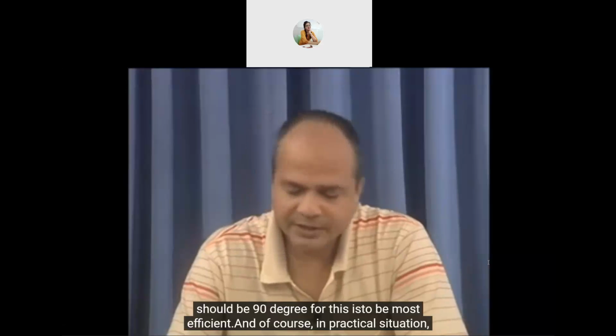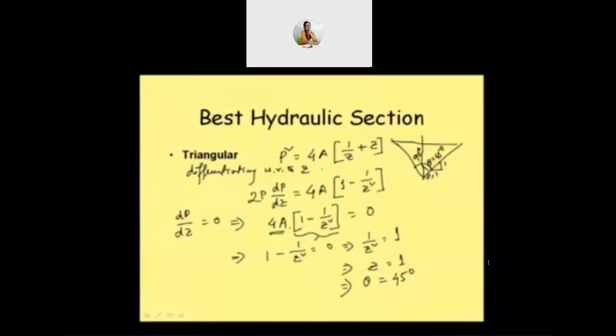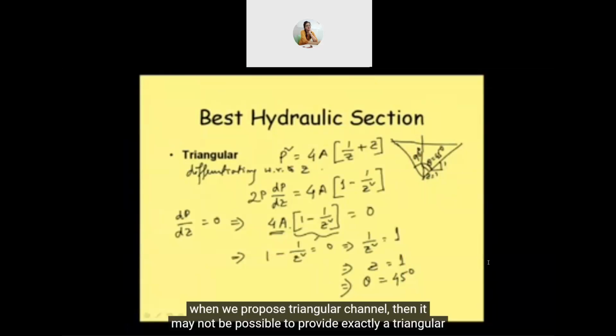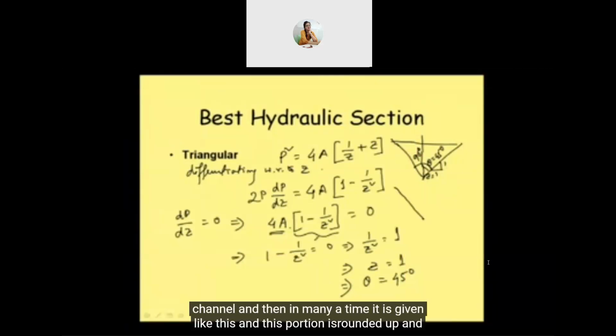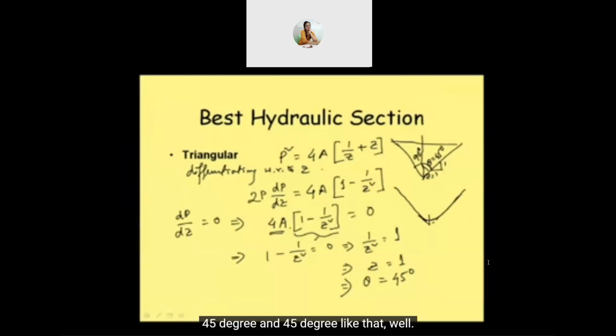Of course, in practical situations, it may not be possible to provide an exactly triangular channel, and many a time it is given like this, with this portion rounded up. But the angle, if we extend, should be 45 degrees and 45 degrees like that.